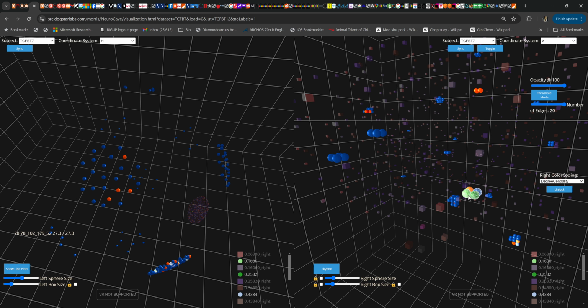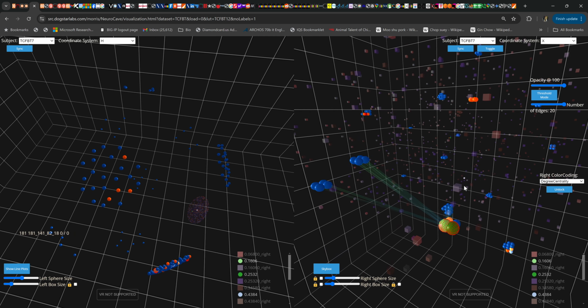So we can select some high degree centrality regions.